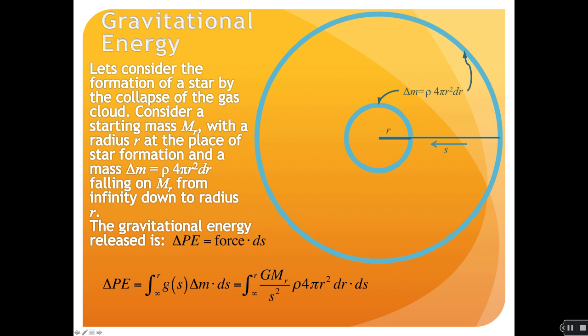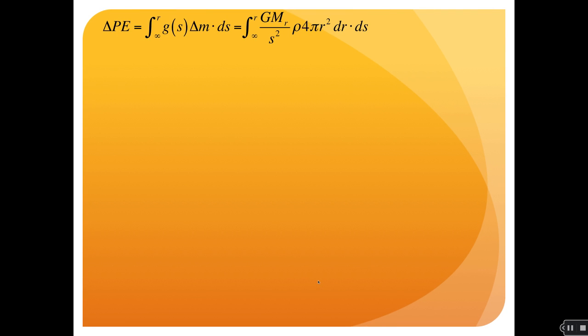And so then we can put in a proper value for g. So we're basically assuming that this mass is just falling down onto a sphere that's in here that has a mass m of r and a radius r. So this is what we end up with: G m of r over s squared. That's how far it's got to fall down to, and then the mass of the shell.